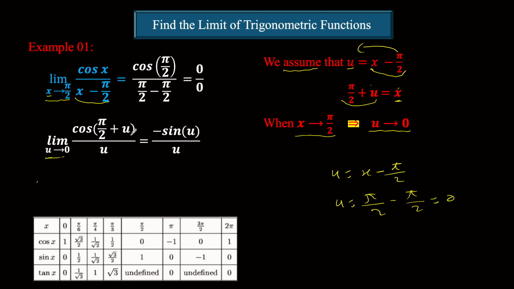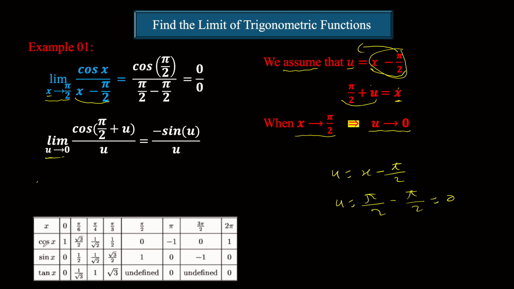So we substitute x here by pi over 2 plus u, so pi over 2 plus u. Then we have x minus pi over 2, so we had already x minus pi over 2. So this is equal to u, right? Or u is equal to x minus pi over 2. So we substitute this one by u, okay? So we simplified the expression in this case also.